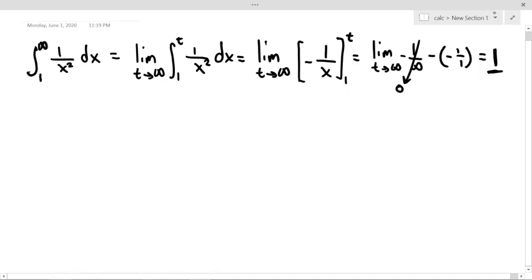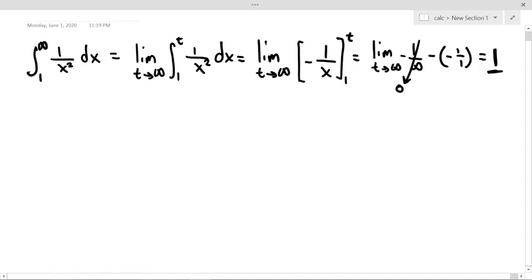Back to another calculus tutorial, where last video we were talking about improper integrals. We did an introduction. We learned that infinity is not a real number, thus you weren't able to evaluate a typical integral, and that we had to convert it into a limit.